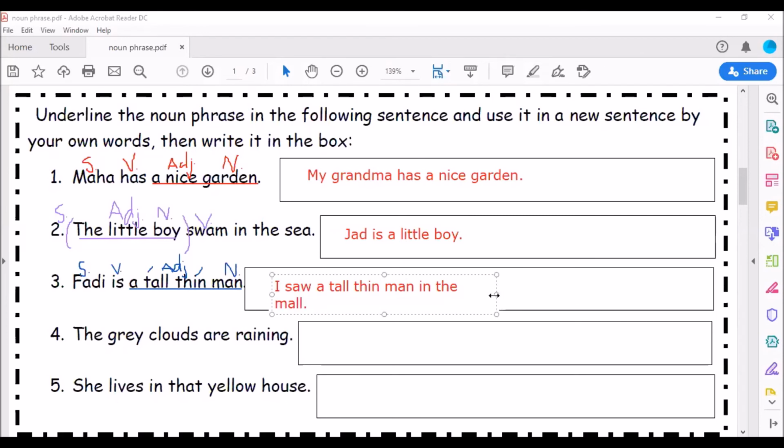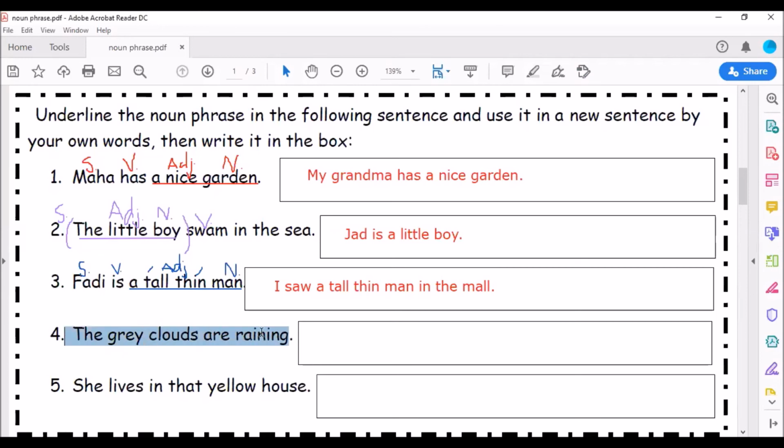Okay, I saw a tall, thin man in the mall. So, a tall, thin man here is a noun phrase. I have two adjectives. Is it okay? Of course, this is okay. Done? Now, I'm gonna leave you to do your homework.